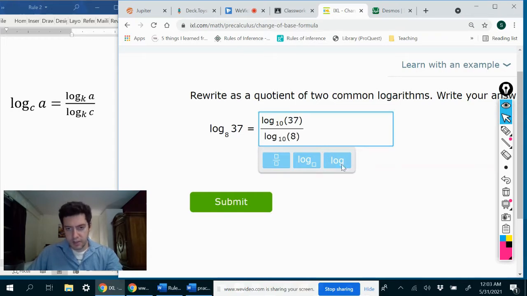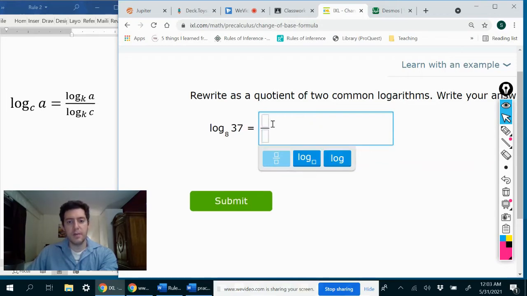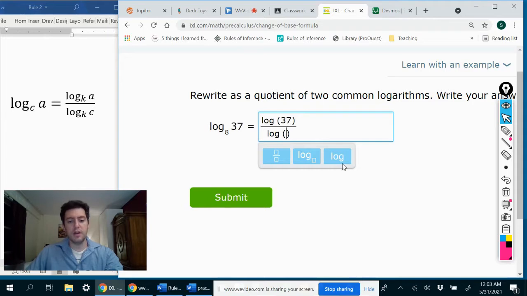Oh, actually, I just realized it's giving me this log thing over here. So we don't really need to write base 10. If it's a common logarithm, then we can just write log, and that implies that it's base 10. Okay, so log of 37 over the log of 8.